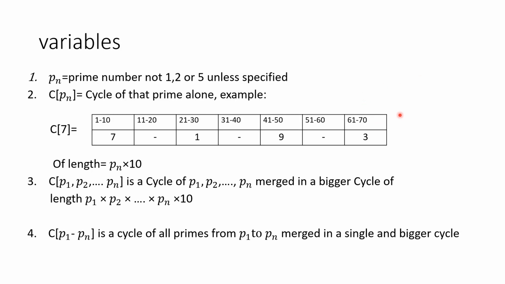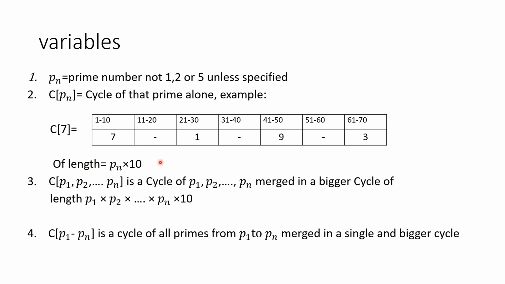There is some nomenclature here that I have already been talking about, right? So this is the term I'm using for a cycle of a prime number alone, and a cycle that combines the multiples of several prime numbers is written this way, right?